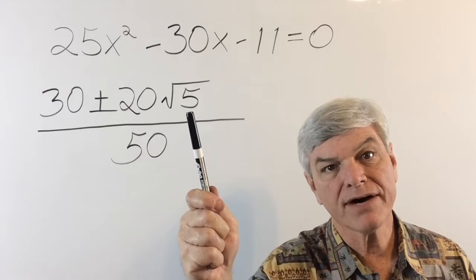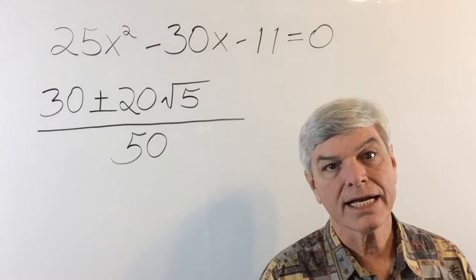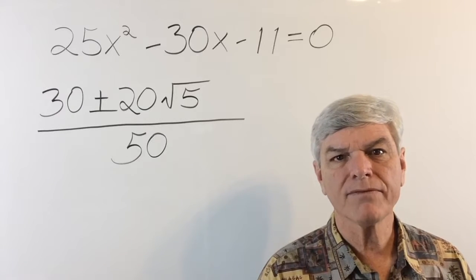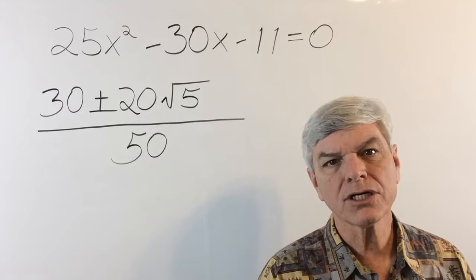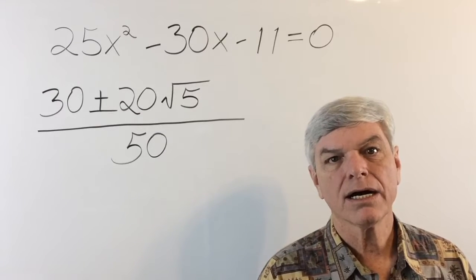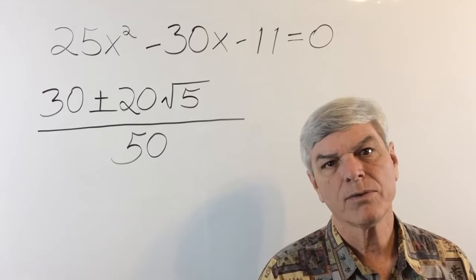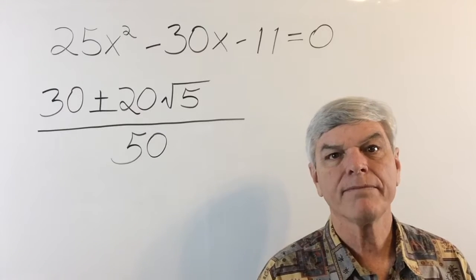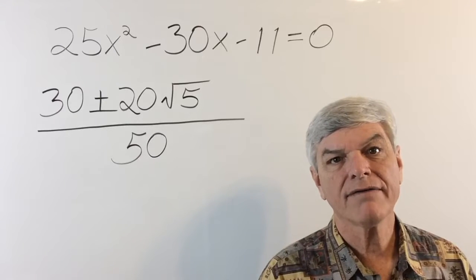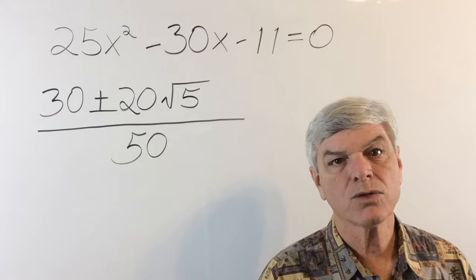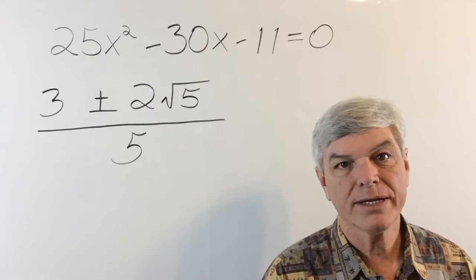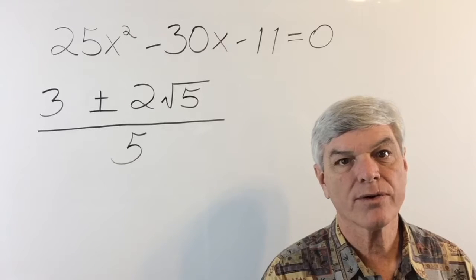When we're multiplying two terms, we only divide one of the numbers by whatever we're dividing the denominator by. And so 50 is going to become 5, 30 is going to become 3, and 20 is going to become 2.